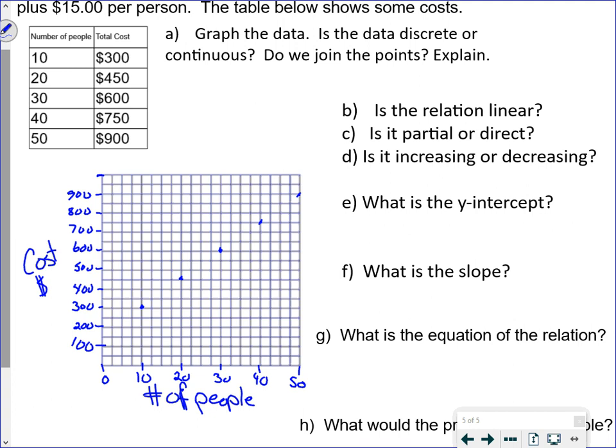You can't have half a person or a quarter of a person. So this is discrete data because of the people. Therefore, we do not join the points. We don't join the points because we can't invite half a person.